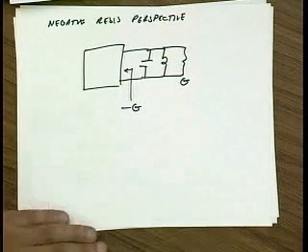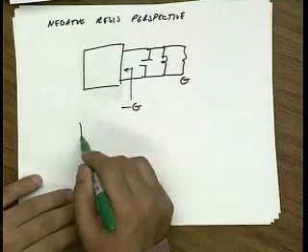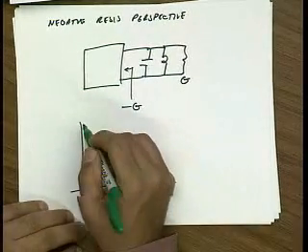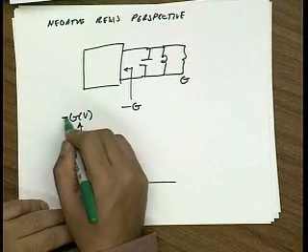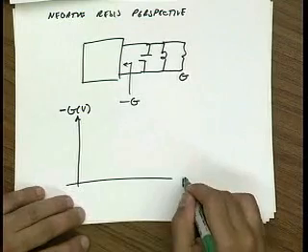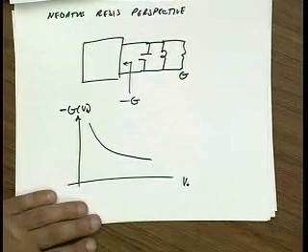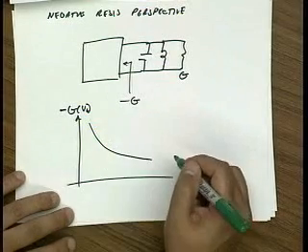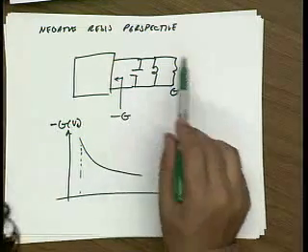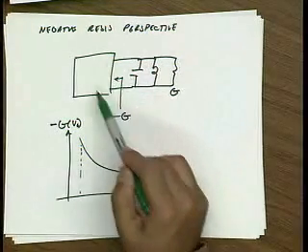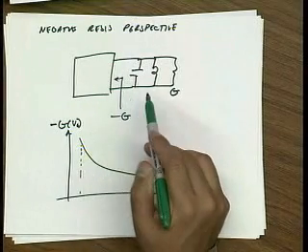And the reason that from a negative resistance perspective this circuit is stable is that the resistance, let's say minus G of V versus V, where V is the oscillation amplitude, is some kind of decreasing function. So initially, when the oscillation amplitude is very small, this has a lot of negative resistance. And the negative resistance is more than enough.